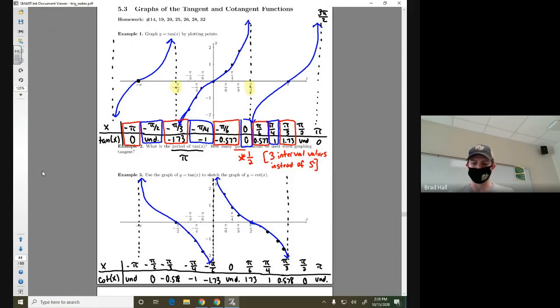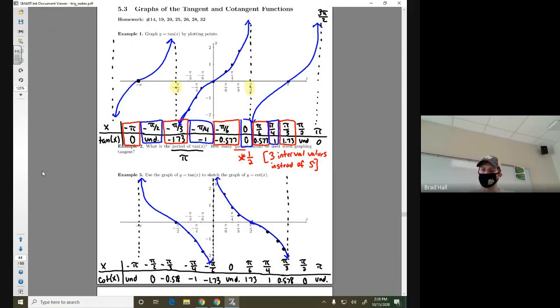Additionally, notice that the asymptotes are in different places. For the tangent graph, the asymptotes are at negative pi over 2 and pi over 2. They are not on the y-axis. As opposed to example 3, which shows cotangent, where the asymptote is on the y-axis and is at pi.